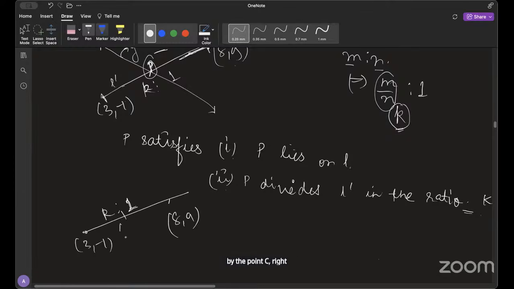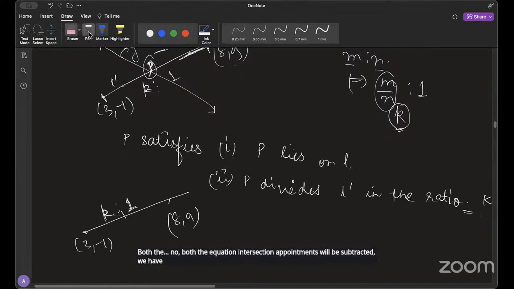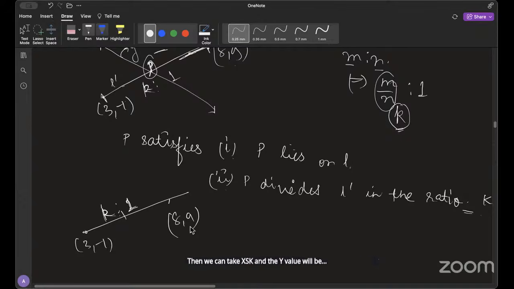So let's say your P is, you have to find the coordinates of this. How do you find this? P I have evaluated as 4 and 1. Ma'am, we can just put some random value as x. We have taken both the equations and subtracted, and then take x as k and y value will be minus k.